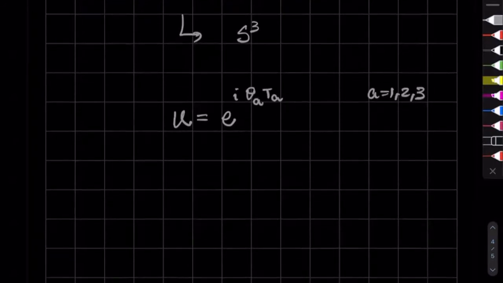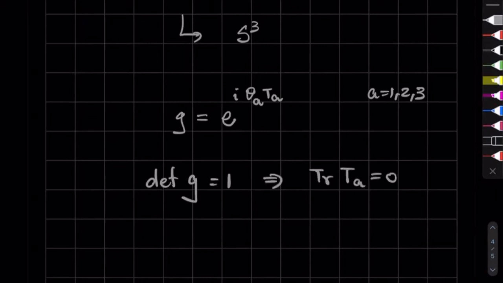Let's write this as G. Since determinant of G must be 1, that means the trace of these matrices must be 0. These are equivalent statements.